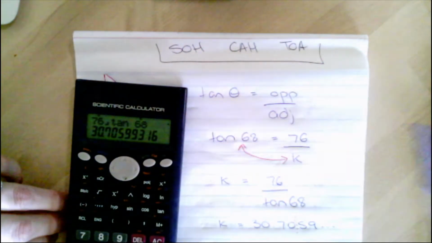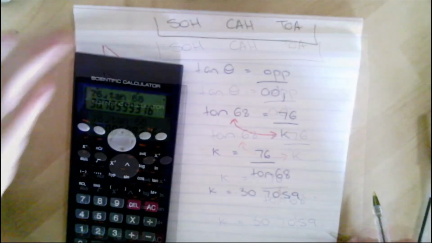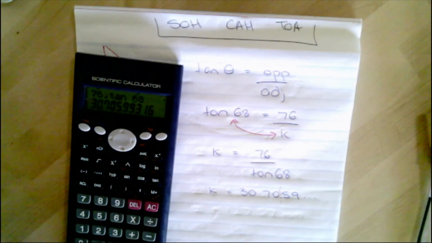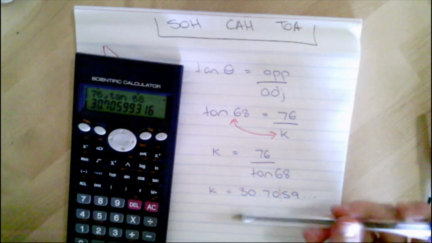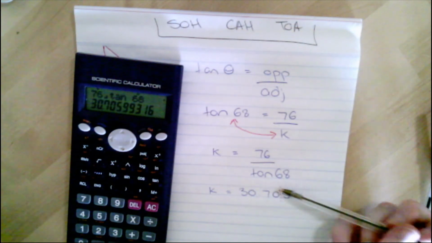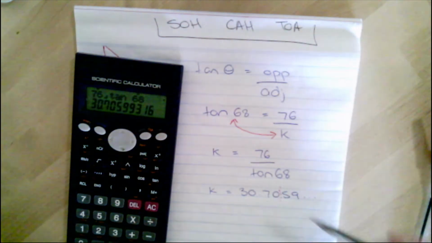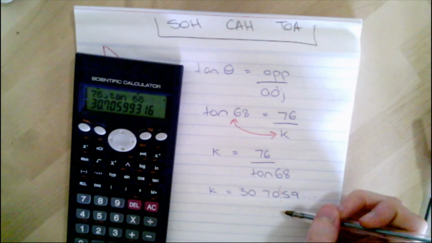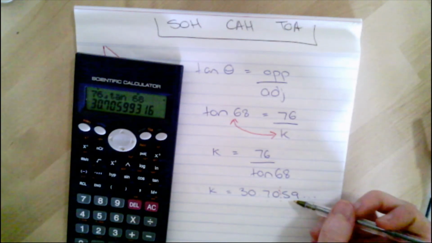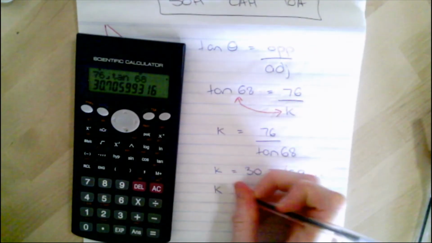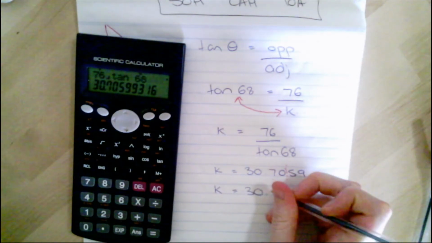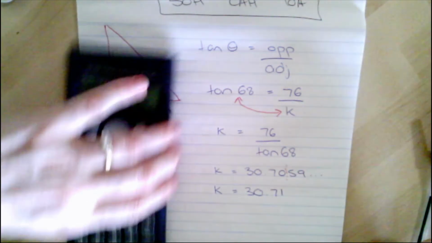Oh, hold on. Sorry, you can't see. My bad. So k is equal to 30.7059 yada yada yada. I've put my dotted line after my 2 decimal places and 5 rounds up. So that means that k is equal to 30.71. So that's how big my k is, and it's in meters.